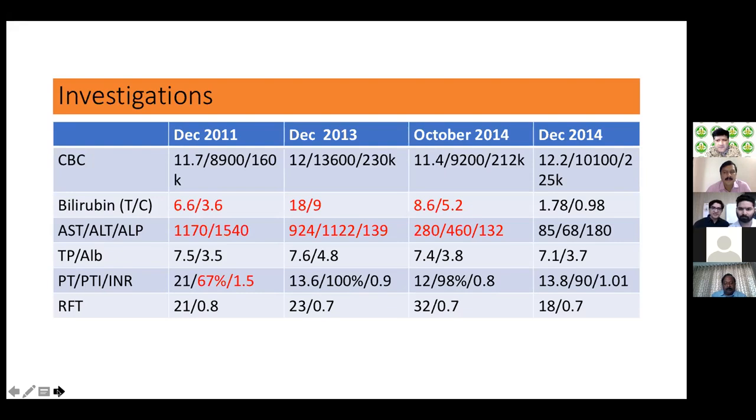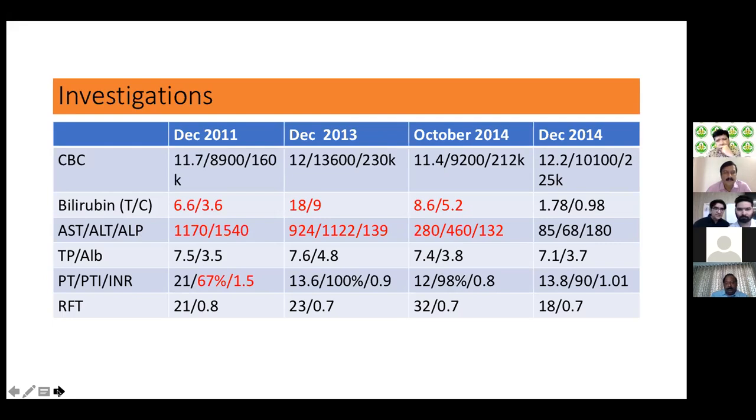So it means that there is no anemia as such, and platelets are also normal, suggesting that there is no really significant fibrosis. Coming to liver function tests, I see that in 2011 her total bilirubin is 6.6 with conjugated 3.6, which is also seen in December 2013 and October, all these reports showing conjugated bilirubinemia.